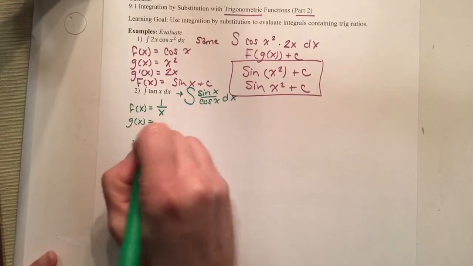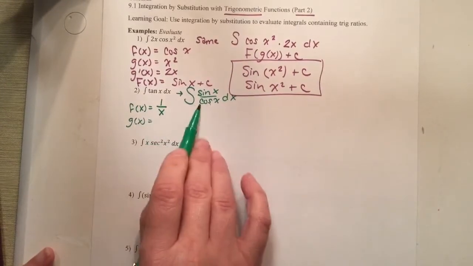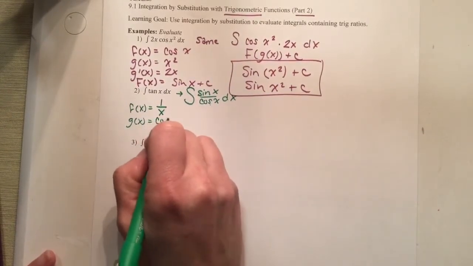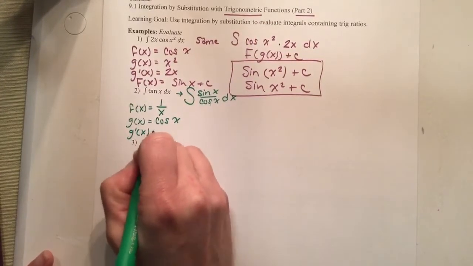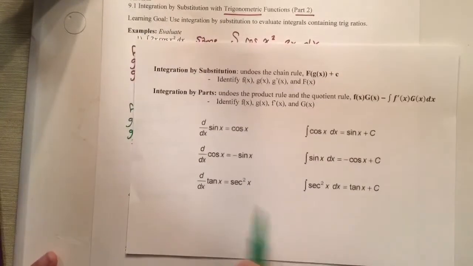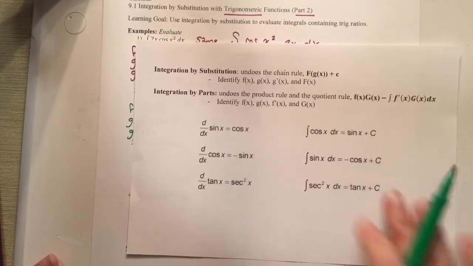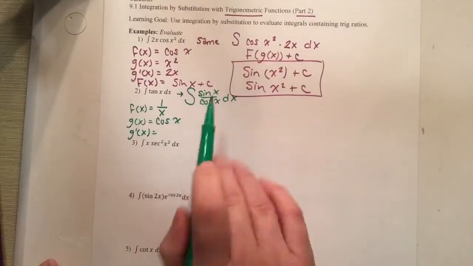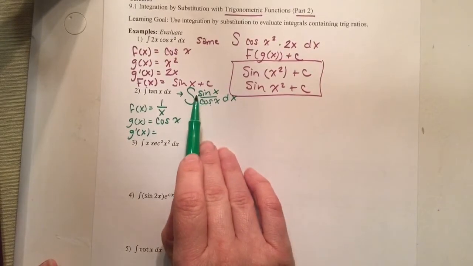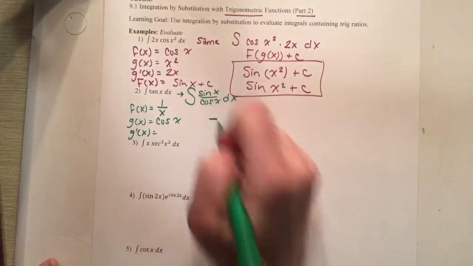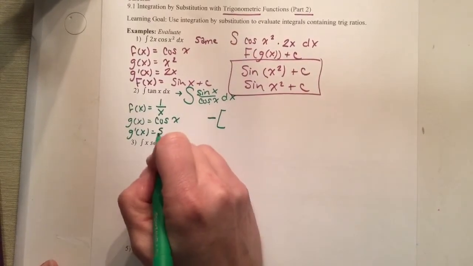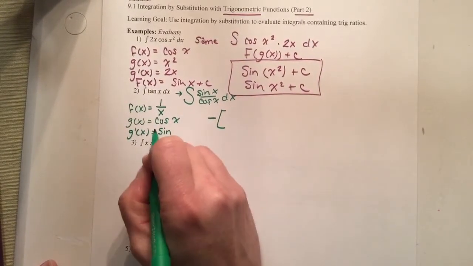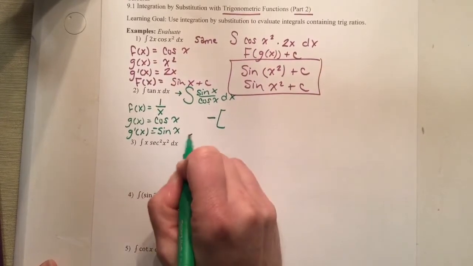Now g of x, well, instead of having just an x on the bottom, we have a cosine of x on the bottom. The derivative of a cosine is a negative sine. I have a sine here, it's on the top, it's positive. I need it to be negative. That means I need a negative out front. The derivative of a cosine is a negative sine.